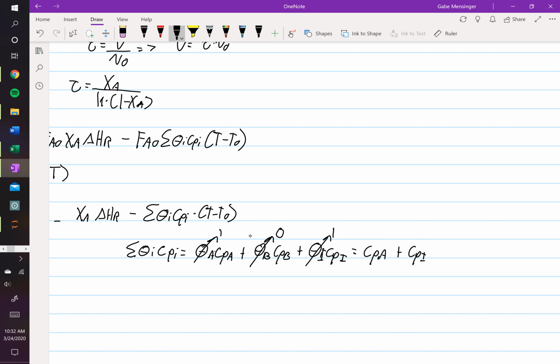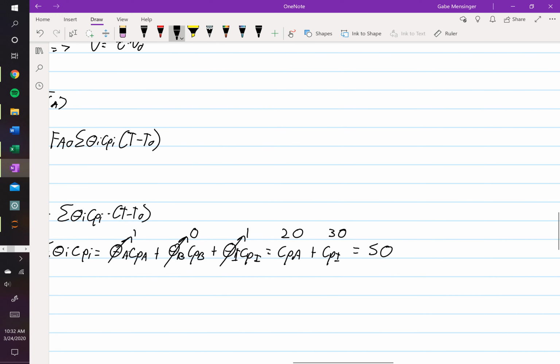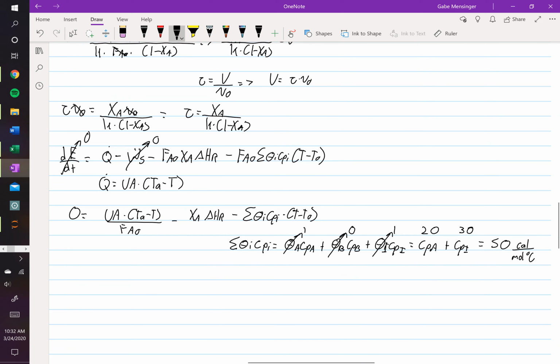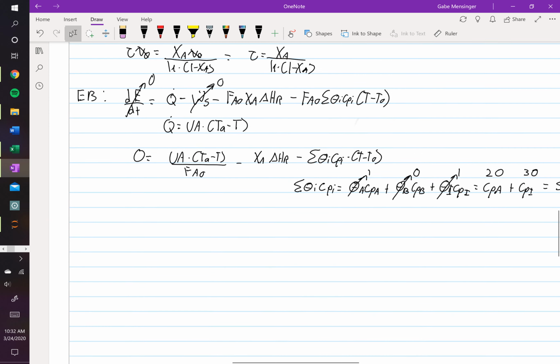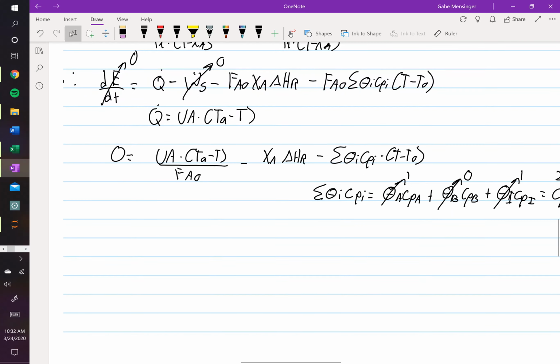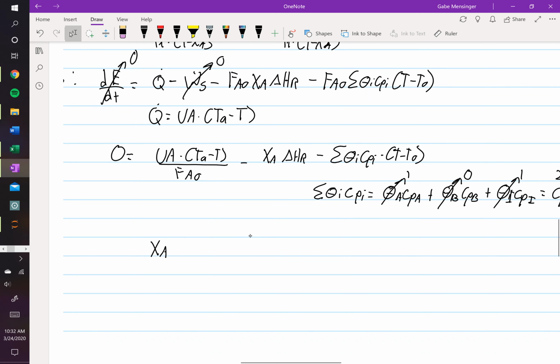And I'm just going to plug in numbers here. C_PA is 20, C_PI is 30. That's going to be equal to 50. Let me make sure I get the units right on that. 50 calories per mole degree C. All right, so now we can go ahead and solve for our conversion in the energy balance.